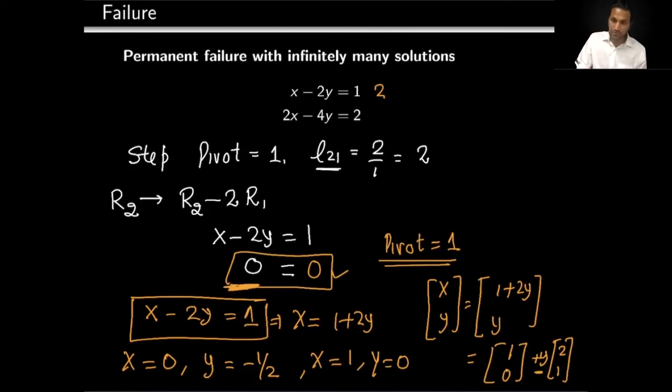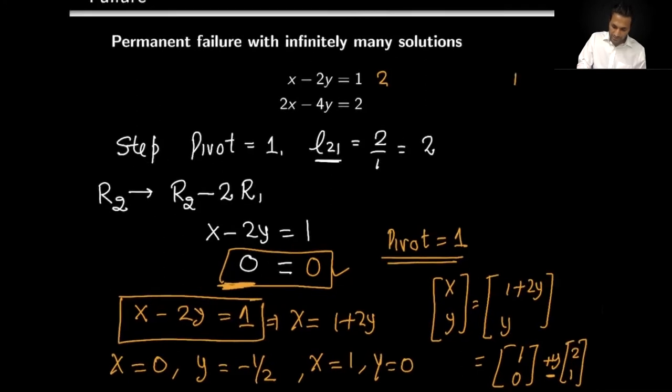Also, you can look into the column picture and row picture and see why the system fails, and why there are infinitely many solutions. In this situation, what will be your columns? This is your one column, which is (1, 2).